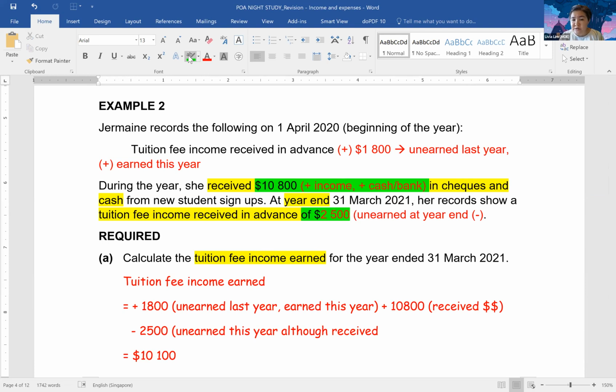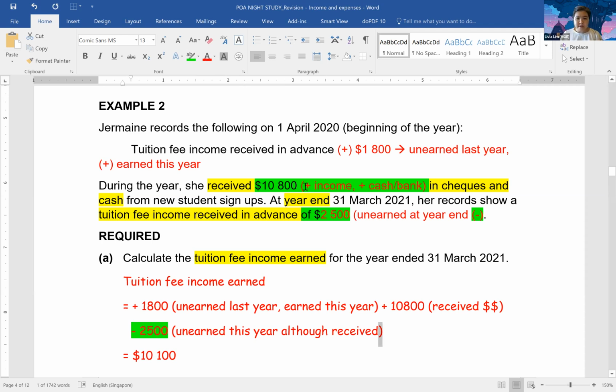Since I never earned this $2,500 that I received as part of the $10,800, I need to deduct it away at year end. So can everybody understand why I deducted this $2,500 at year end? Because it's unearned. I never earned it. I cannot include it inside my earned income.